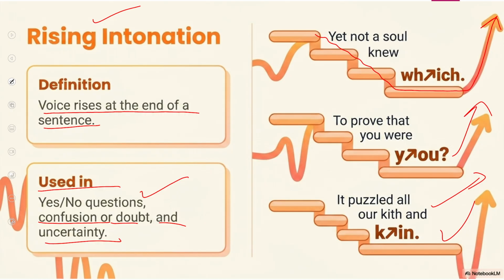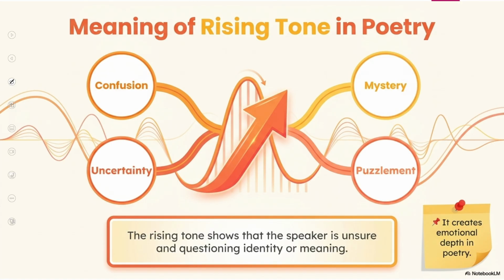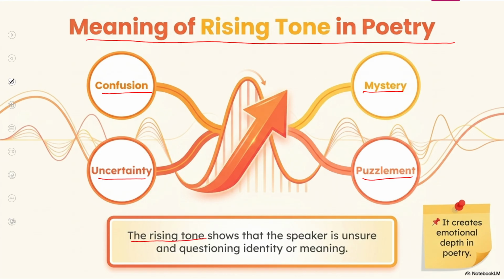I hope you have understood what rising intonation is. The meaning of rising tone in poetry is very important. Yes, confusion, uncertainty, mystery, puzzlement. Look what it means. The rising tone shows that the speaker is unsure and questioning identity or meaning.